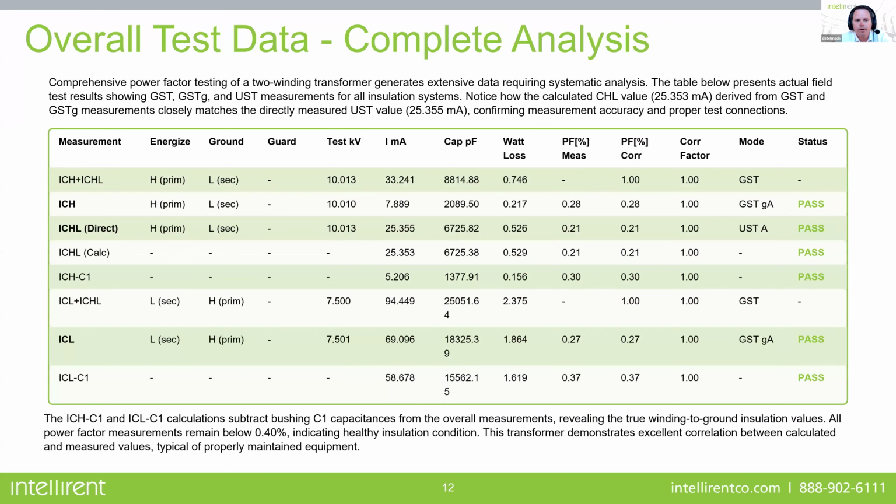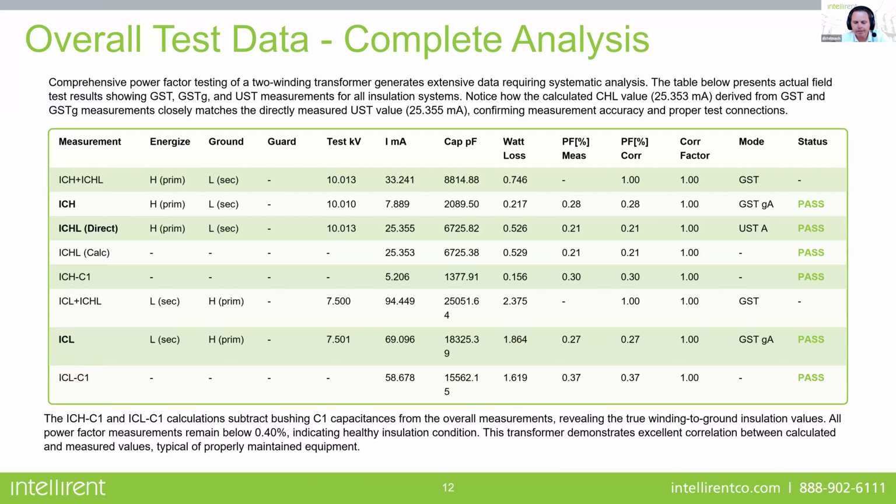Here's an example of the test results of CH, CHL, and CL. And notice there are a couple of key things that a typical power factor measurement will have. One thing is called capacitance, which is the physical attributes of that insulation system.